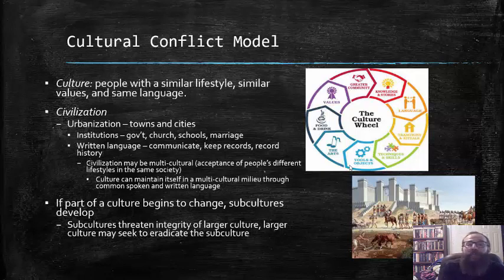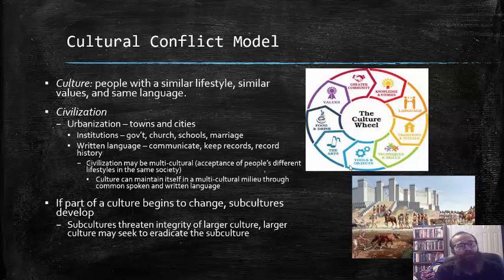Now, civilization may be multicultural. The acceptance of people's different lifestyles within the same society. And this culture can maintain itself in a multicultural milieu through common spoken and written language. One of the reasons why I said earlier that language is key to the development, establishment and maintenance of culture as we understand it.